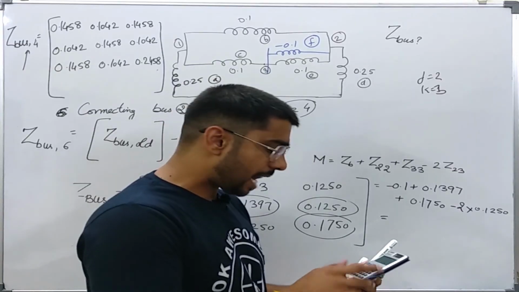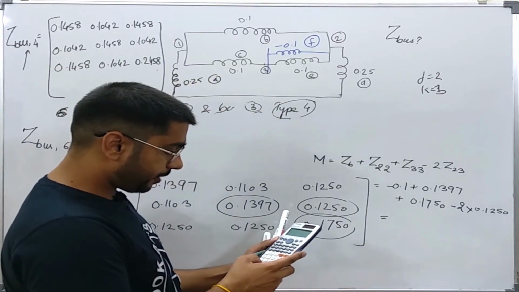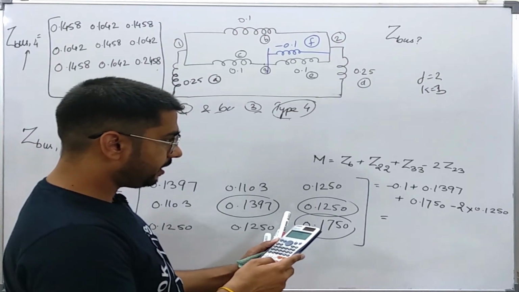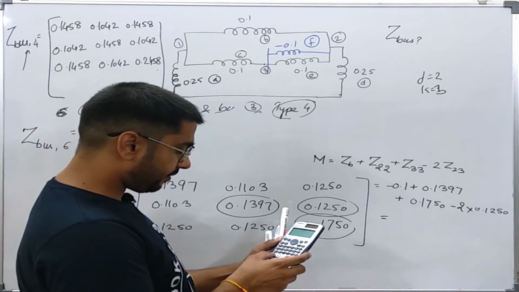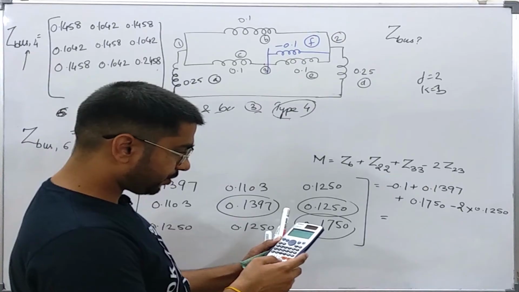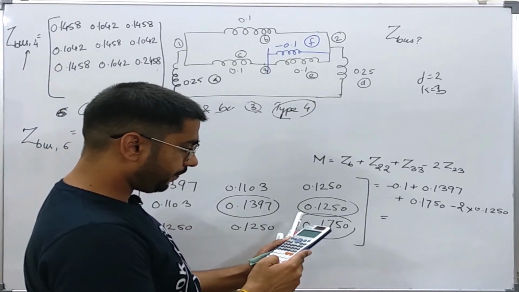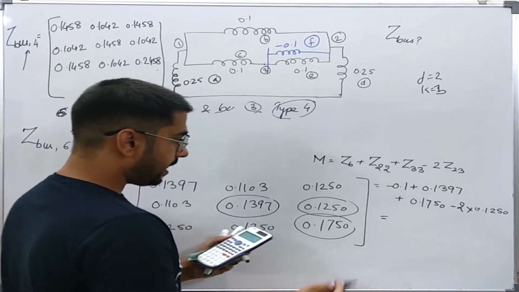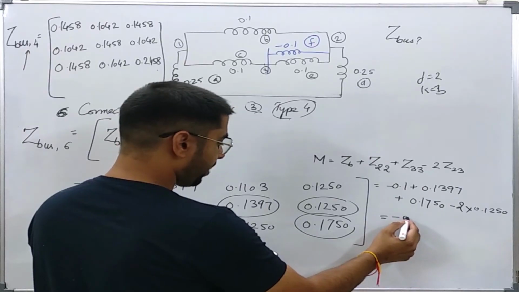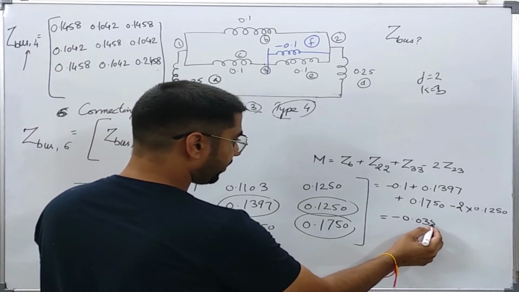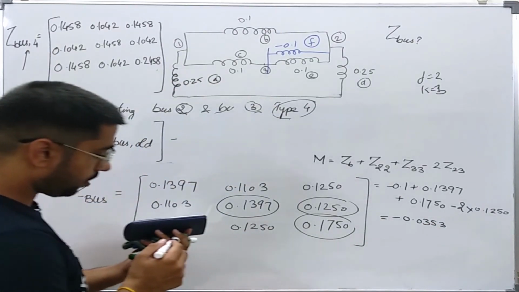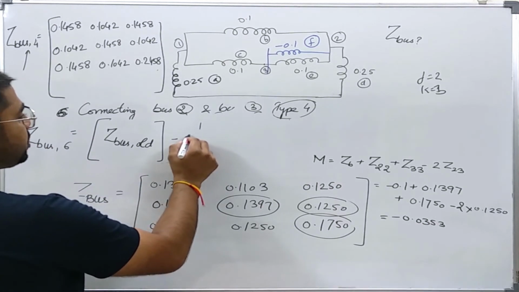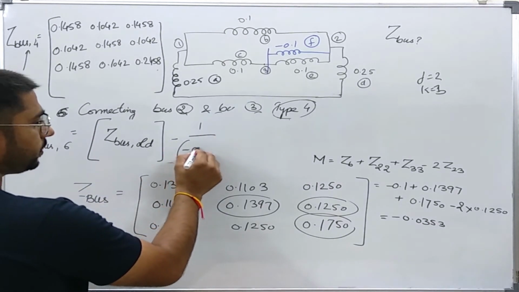Now I have taken the calculator. Minus 0.1 plus 0.1397 plus 0.175 minus twice 0.125. It comes out to be negative, minus 0.0353. So M inverse will be simply the reciprocal of this.